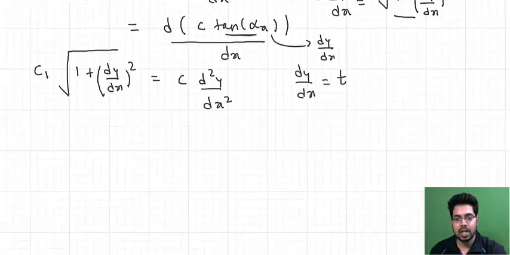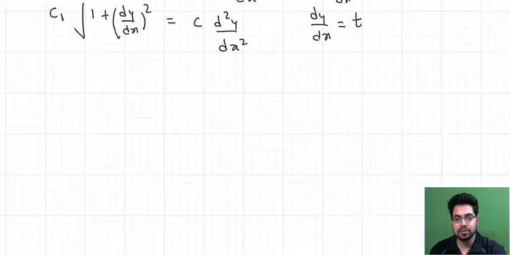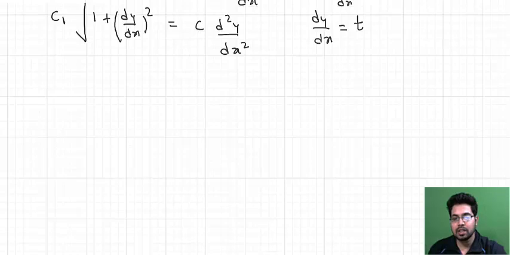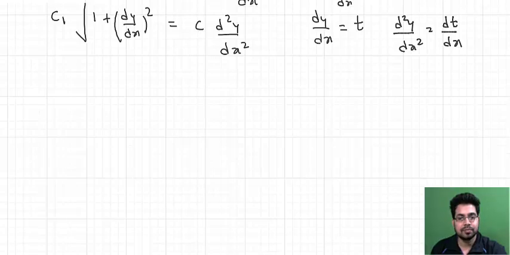If I differentiate both sides, I get d2y by dx square equals dt by dx. So here I am getting root under 1 plus t square.